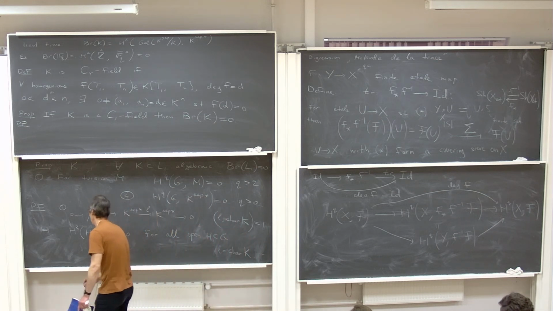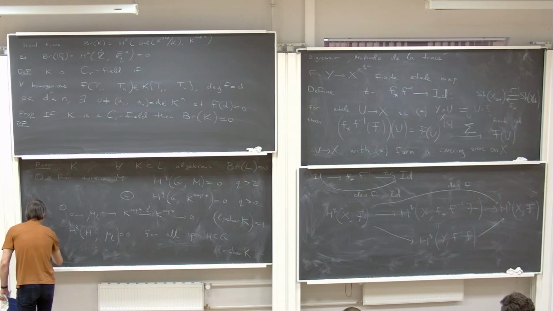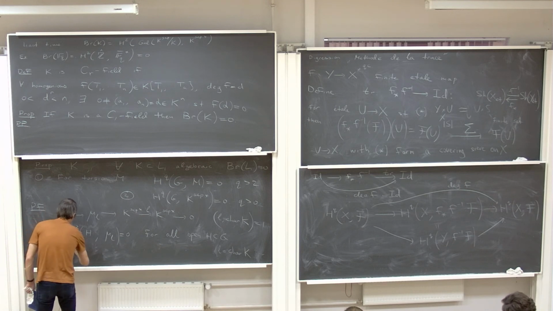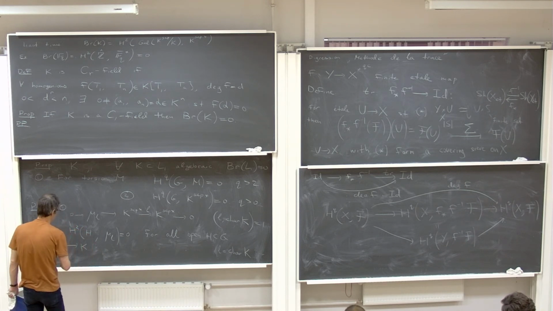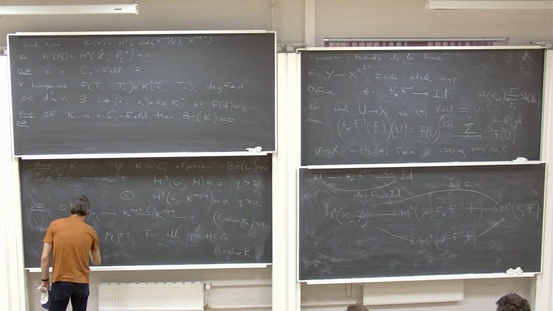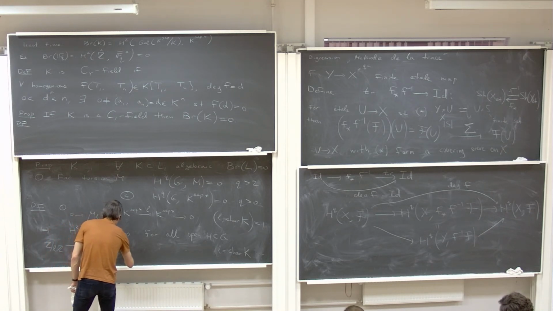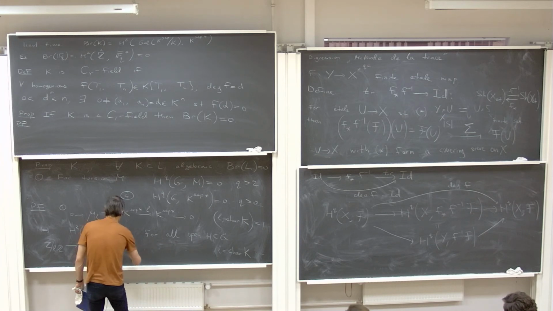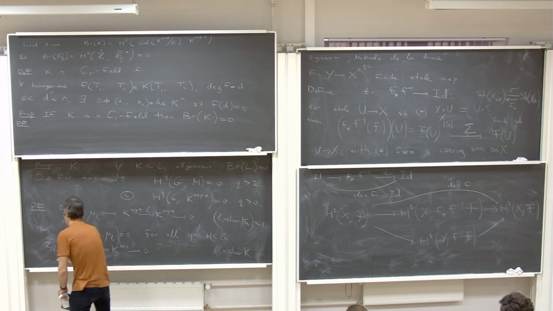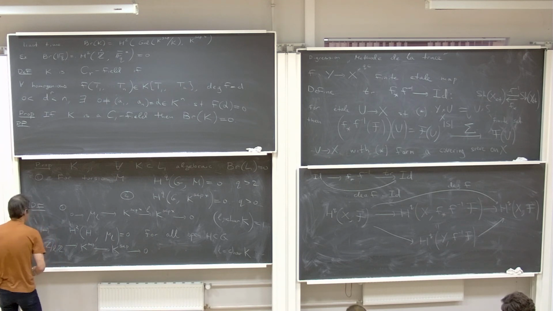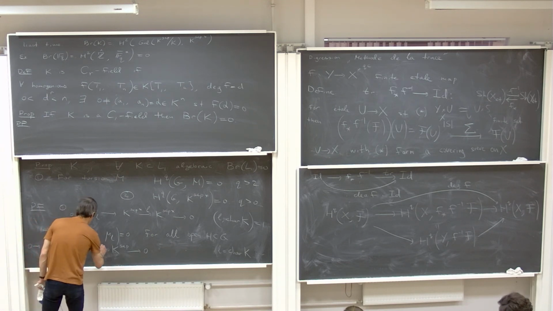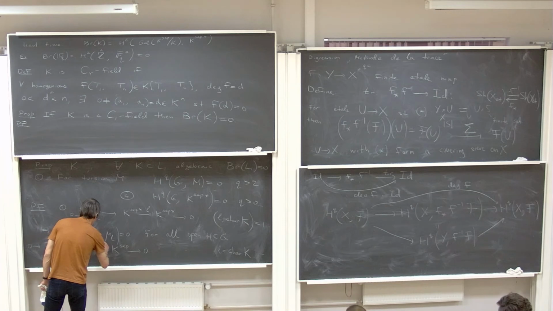Then we have a short exact sequence, Z mod LZ mapping to K sep. And this goes to K sep under the Artin-Schreier map. So this sends x to x to the p-th power minus x.